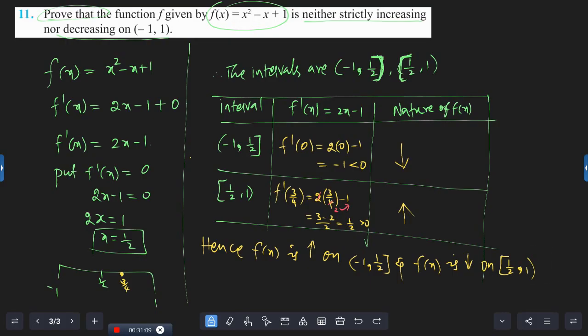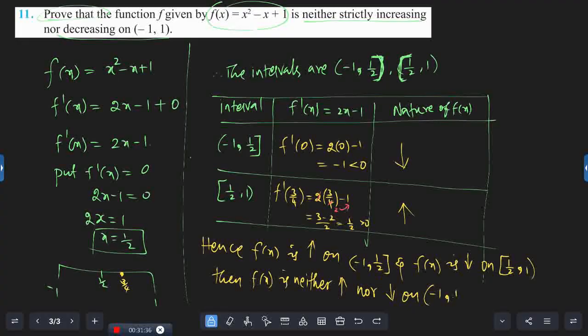When you join both, f of x is neither increasing nor decreasing on, if you join both, it will become a single interval. Join means union.